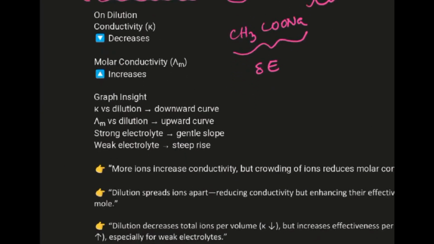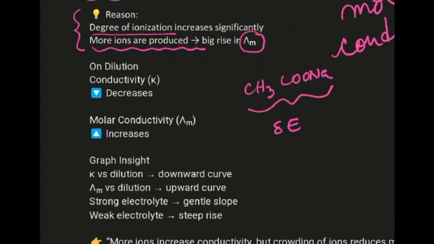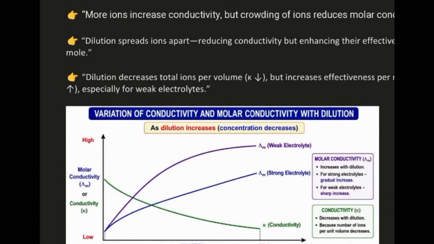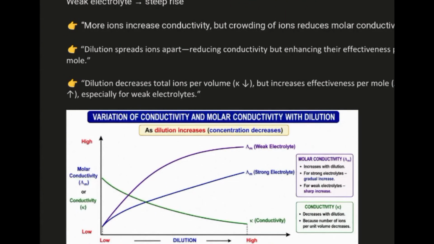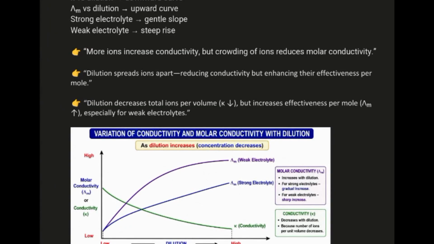Now we can see over here again the molar conductivity lambda m is increasing. What is happening over here? It is increasing with dilution. More ions increase conductivity, but crowding of ions reduces molar conductivity. So this is another factor to keep in mind.